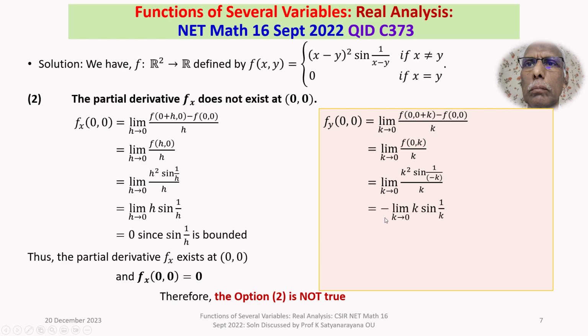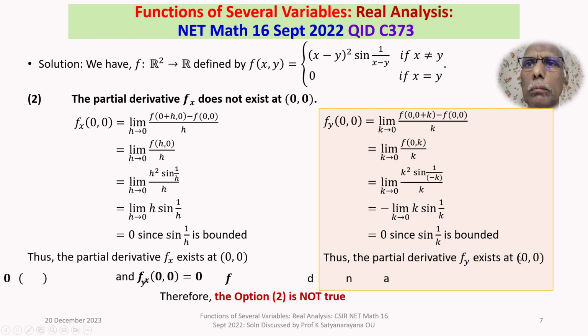So this will be minus limit k tends to 0 of k times sine 1 by k, which will be 0, because limit k tends to 0 of k is 0 and sine 1 by k is a bounded function. So thus the partial derivative of f with respect to y at (0, 0) exists and its value fy at (0, 0) is 0.